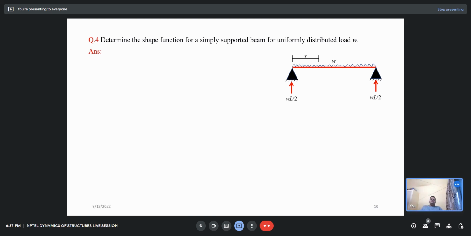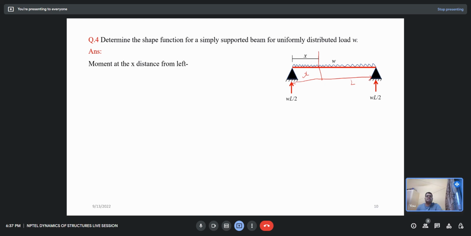If we need to determine the shape function, how can we calculate? Let us try. Let us take a section at a distance of x from the left, and L is the total length of the beam.